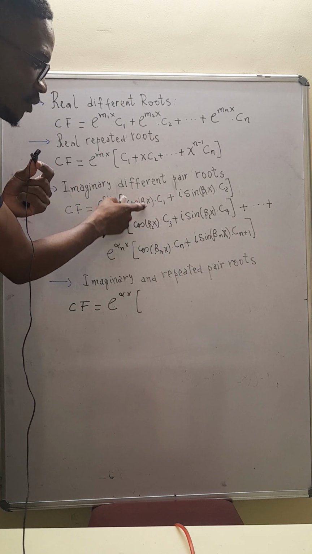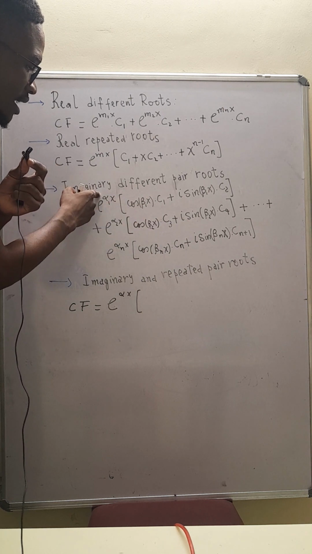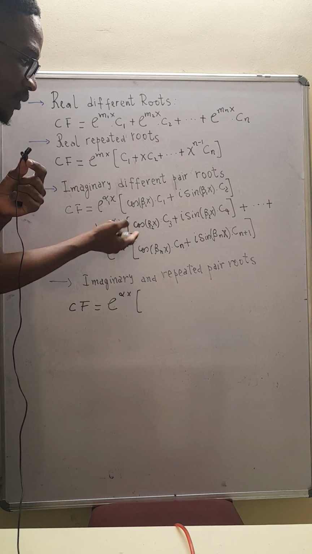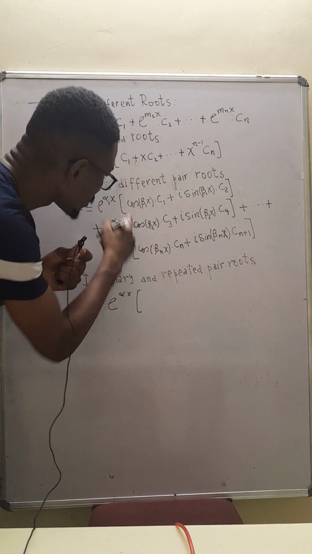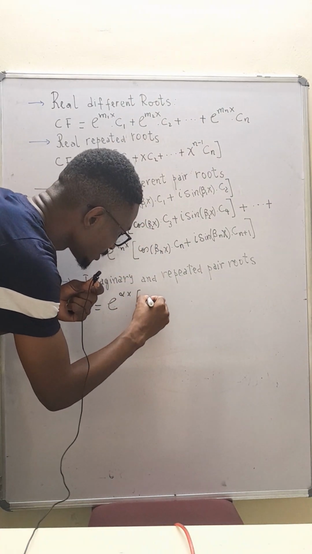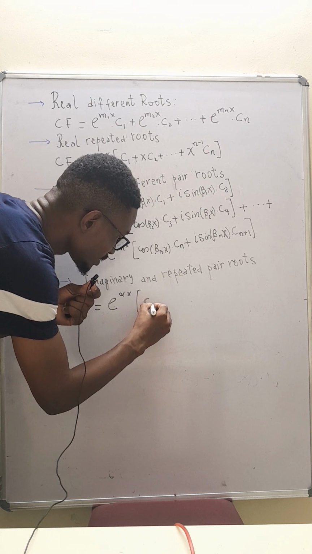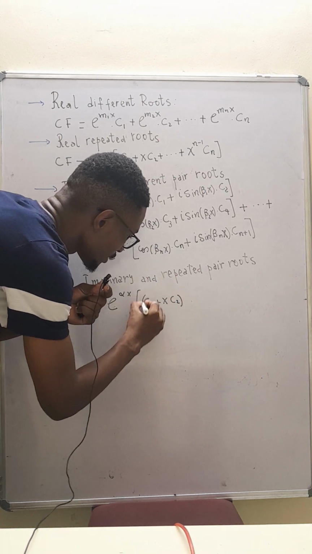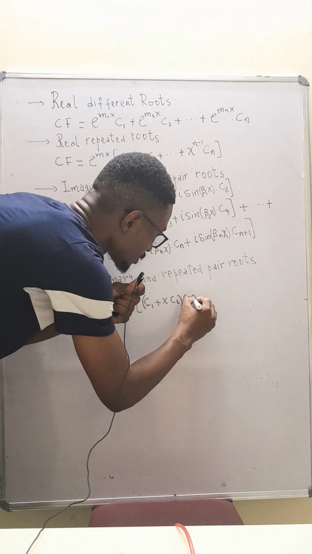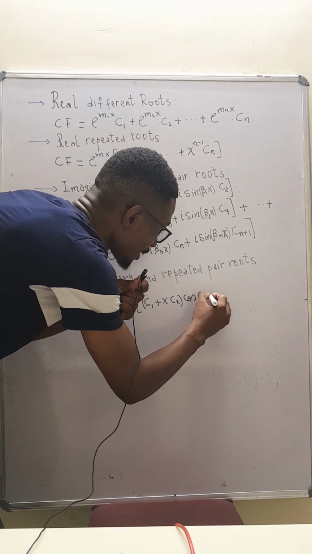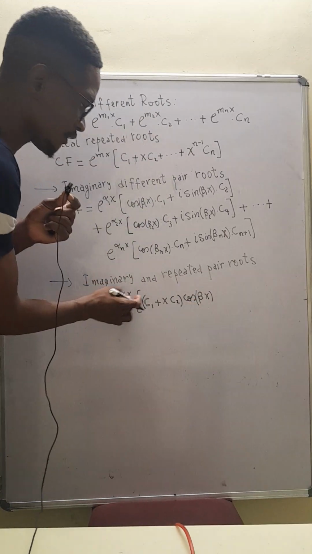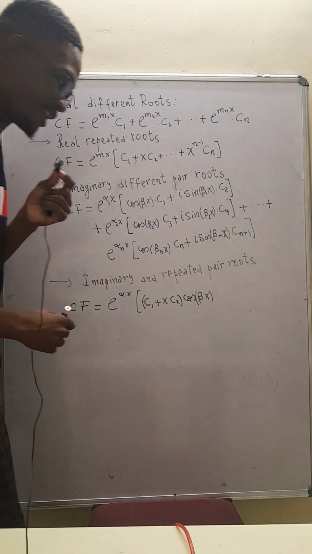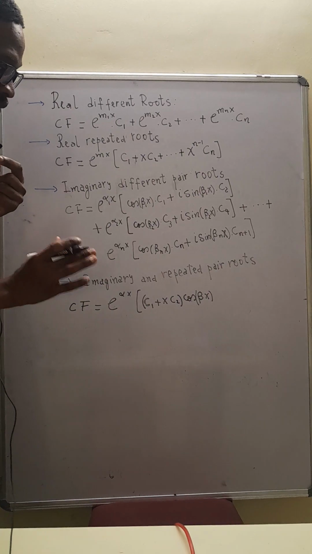Beta 1, beta 2 will be the same, and alpha 1, alpha 2 will be the same. So I'll get only this one and this one. So what we'll have here is C1 plus x C2 times cos beta x, because alpha and beta are the same. It is only for 2 roots.